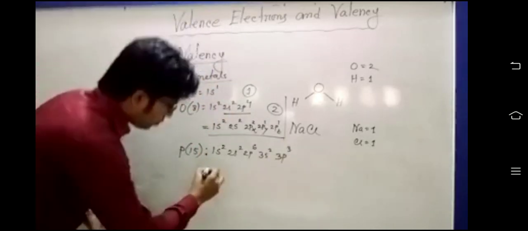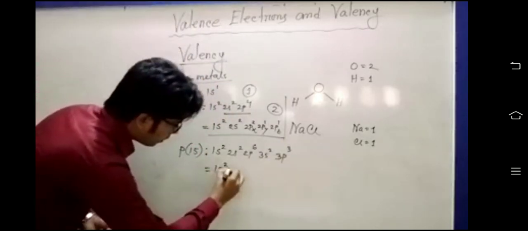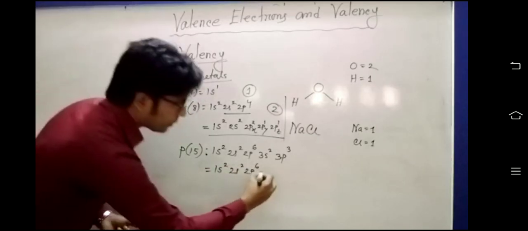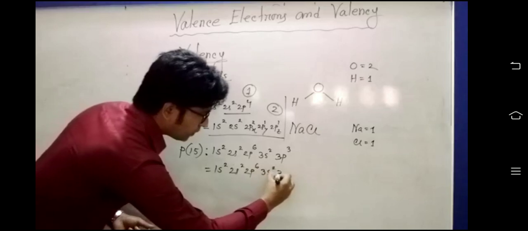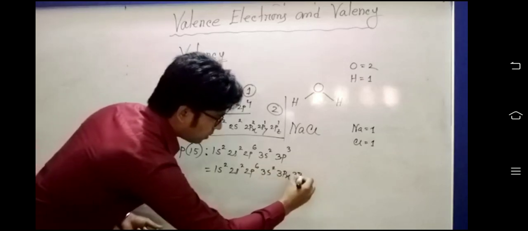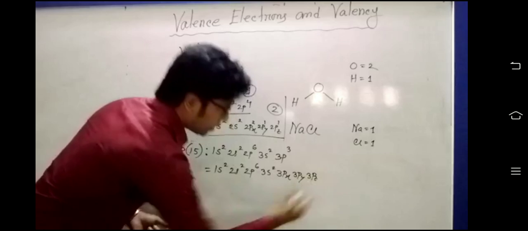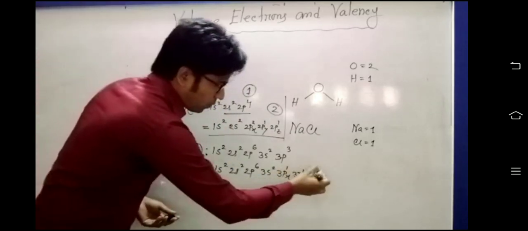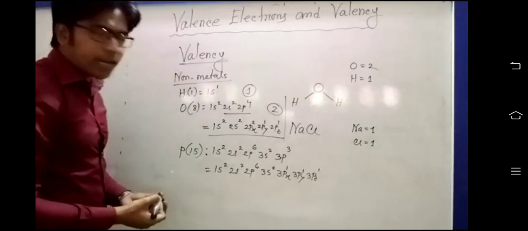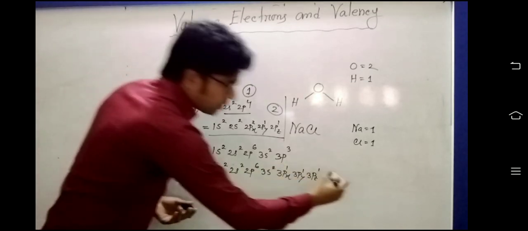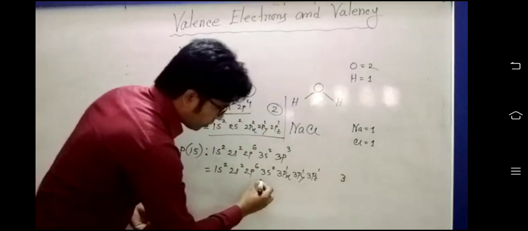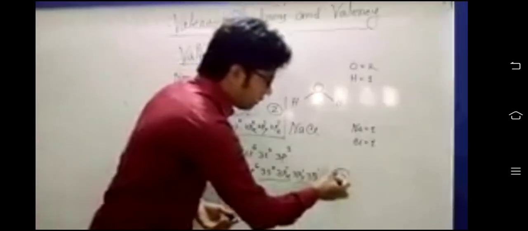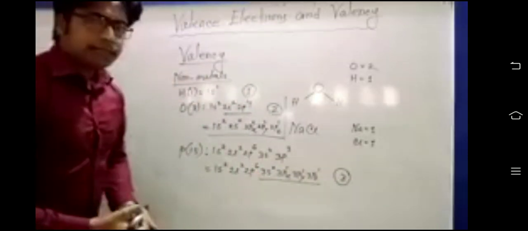We write this: 1s2, 2s2, 2p6, 3s2, 3px, 3py, 3pz. If we separate the electrons, it will be 1, 1, 1. So how many odd electrons are here? Here there are 3 odd electrons. In the outermost energy level, there are 3 electrons. That's why the valency of phosphorus is 3.